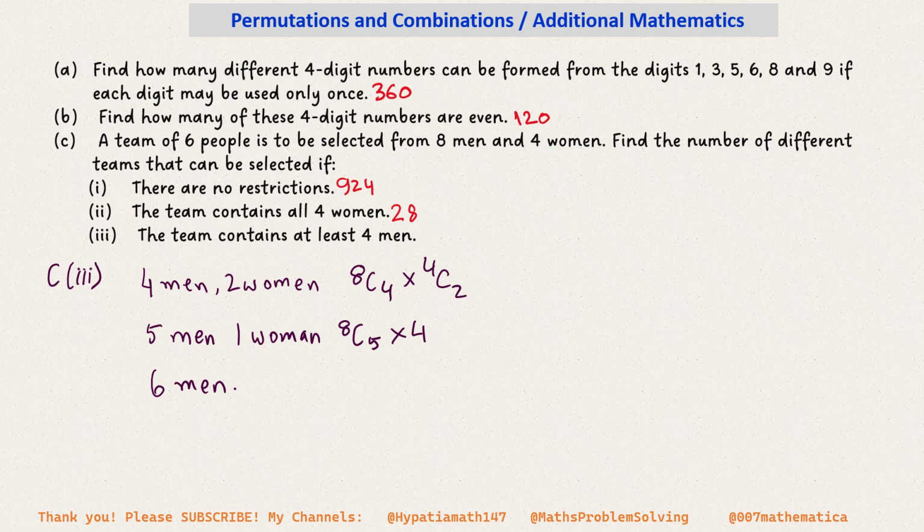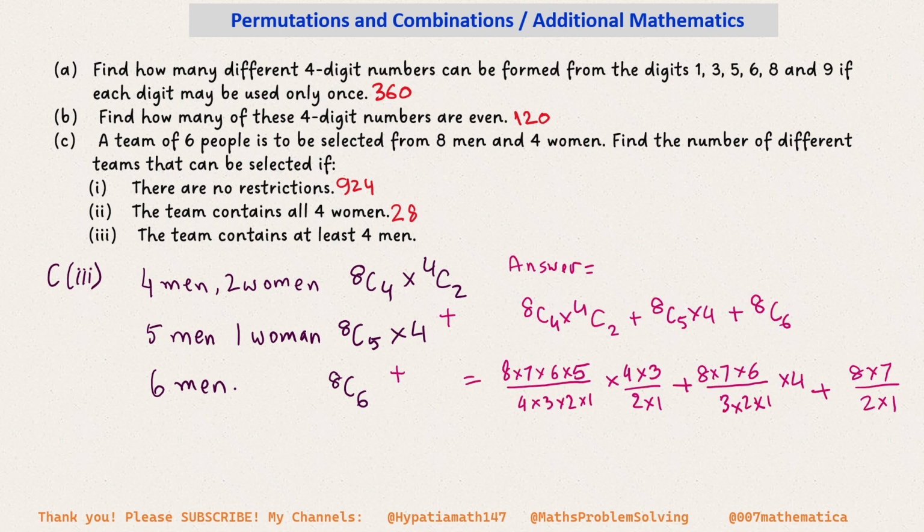And the last bit, the 6 men, you can have in 8C6 ways. So the answer would be to add up all these 3 options, and when you simplify, your final answer is going to be 672. So that's the final answer.